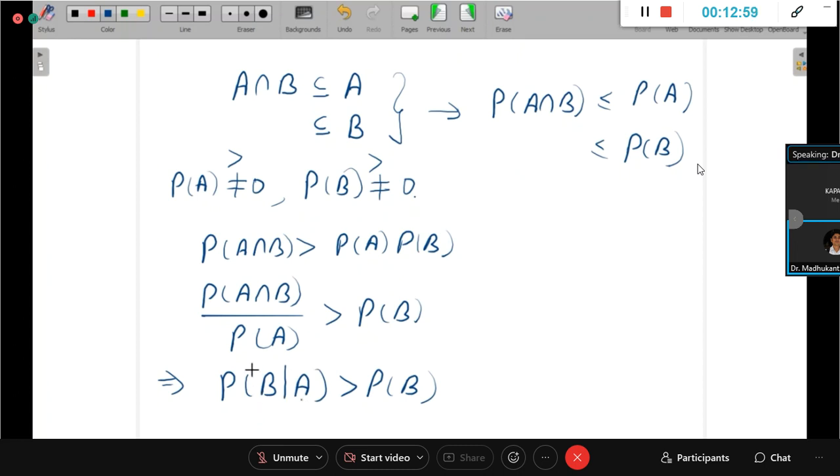Given that A has occurred, the probability of B is more than the actual probability, meaning this is enhancing the chances. So this is why it has the name positively associated.